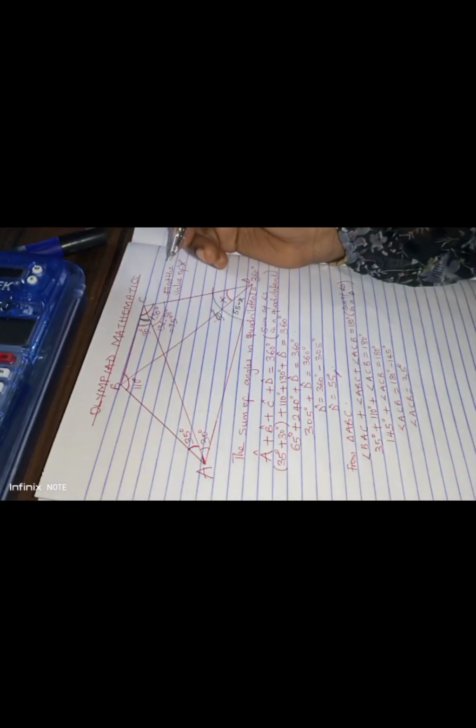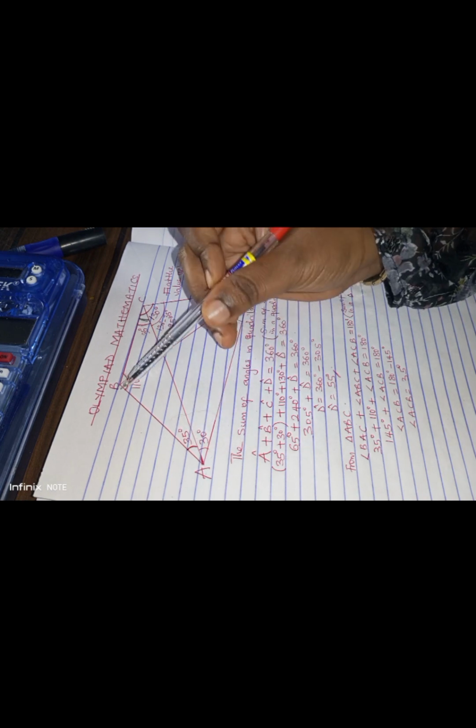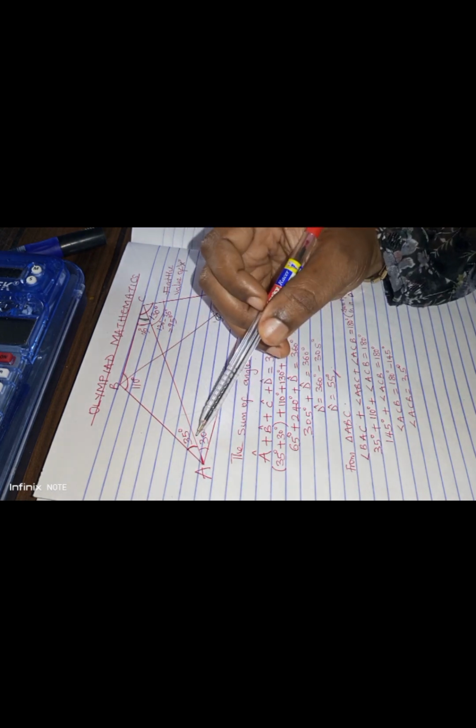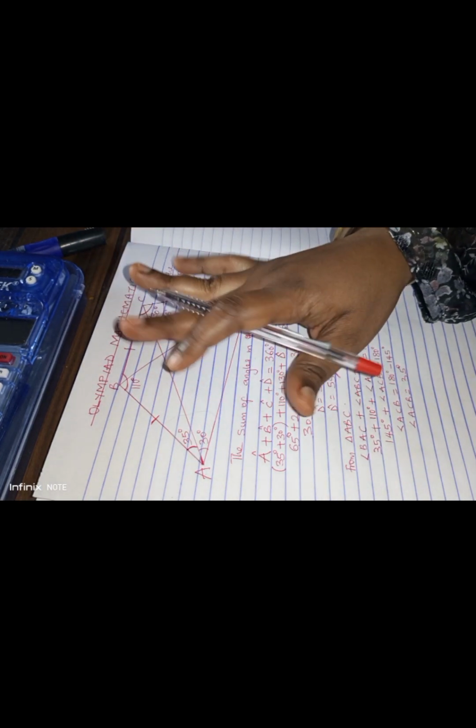So that is 95 degrees. So let's look at this triangle ABC very well. We can see that this angle BAC is the same thing as angle ACB. So that means this is an isosceles triangle. So let's keep that one.